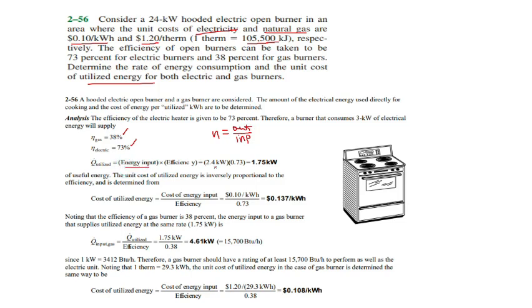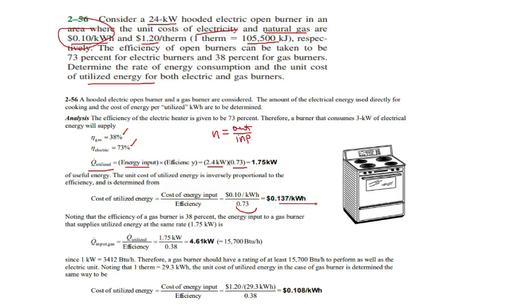Energy input is 2.4 kilowatt, which is given here, and the efficiency of the electric burner is 0.73. Just put the values, you will get the energy utilized. And the unit cost of the utilized energy will be the unit cost of the energy input, 0.1 dollar per kilowatt hour, which is given here, divided by the efficiency, 0.73. You will get your answer.